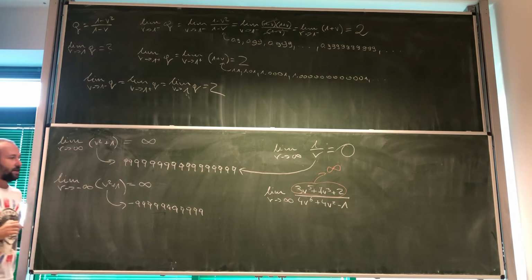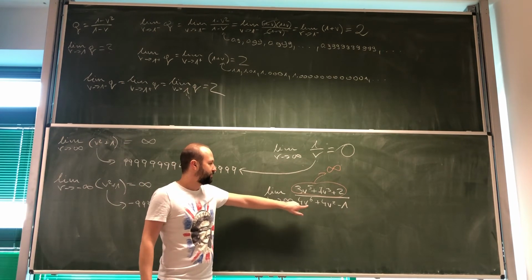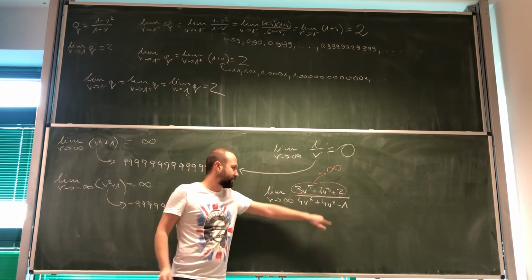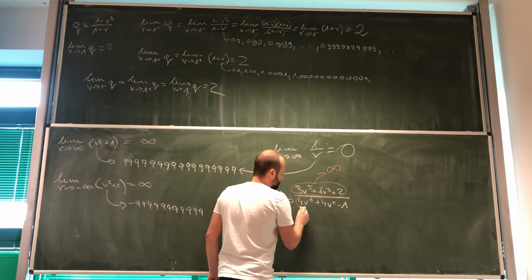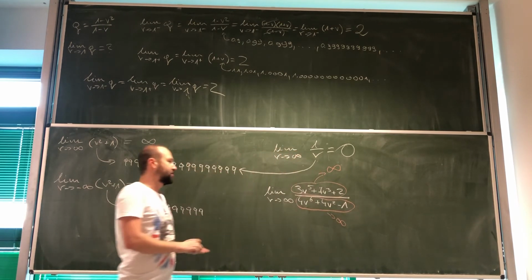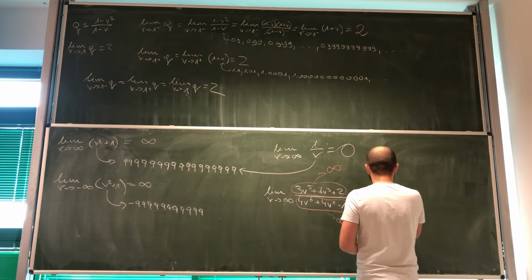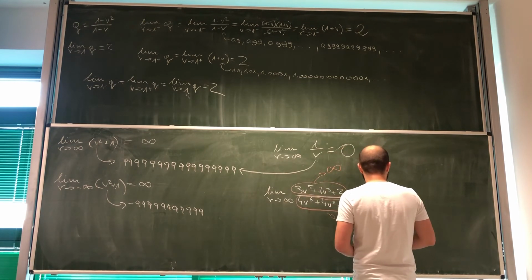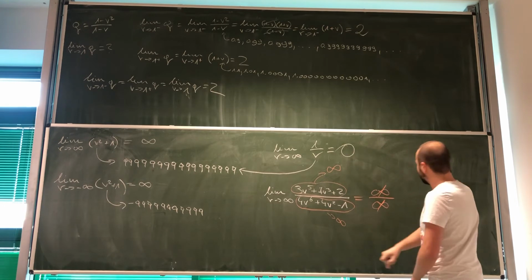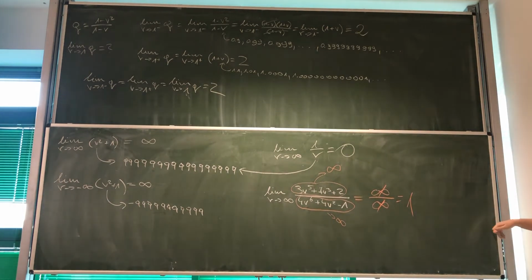Now, this number, as v gets bigger and bigger, also goes to infinity. So, well, the tempting thing to do here is to say, well, it is equal to infinity over infinity. So they cancel each other out. This is just 1. Beautiful.